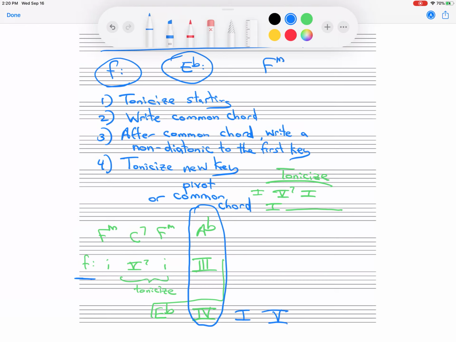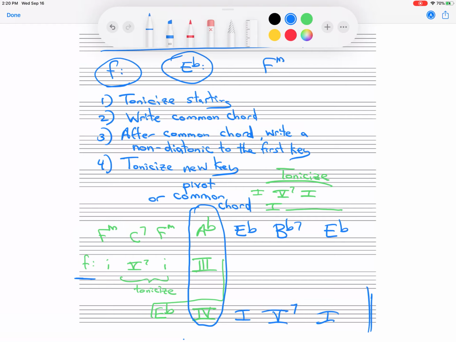Okay, so I'm going to put 1 here, 7, 5, 7, and 1. And in the key of E flat, continuing on, E flat, B flat 7, E flat. And of course that B flat 7, that's going to really seal the deal. You're going to be able to tell right away that we're in the new key.